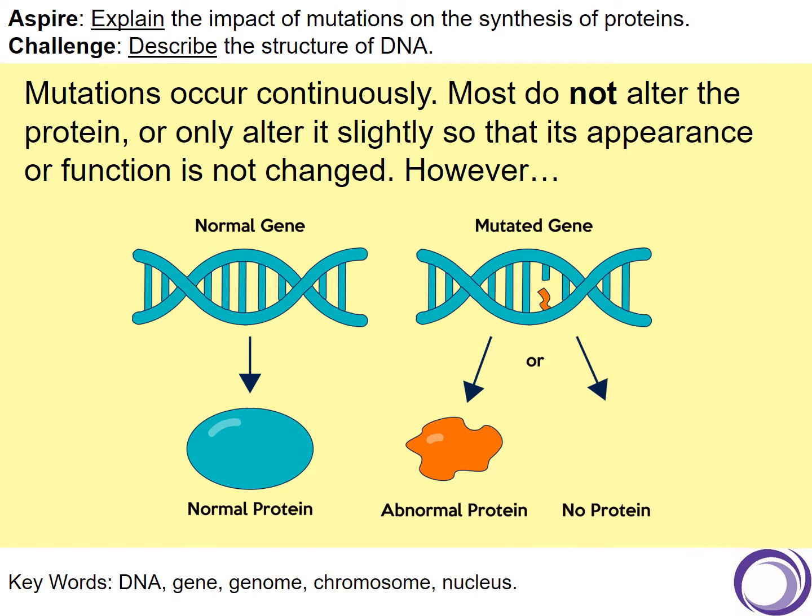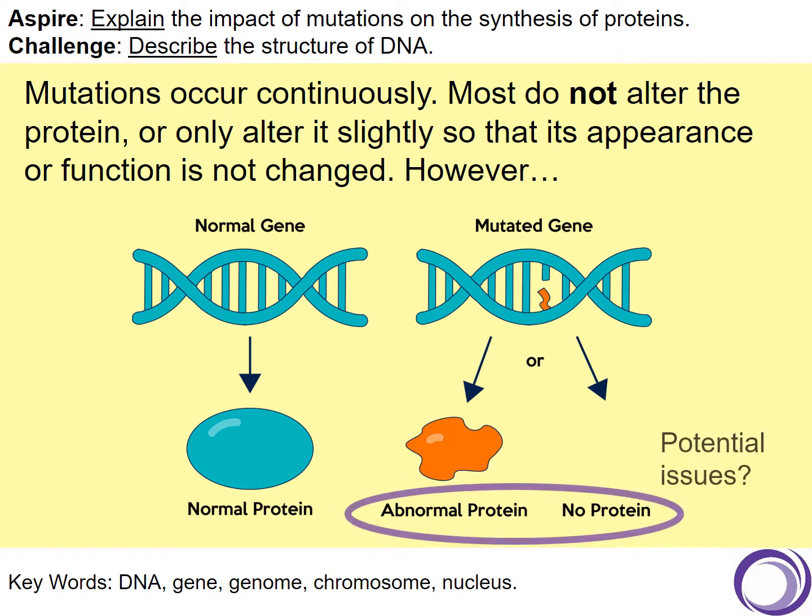So either the new code, the mutated code, doesn't code for anything at all, or it codes for a protein that isn't normal, that has significant differences to the protein that actually should have been made. Now, the issues surrounding mutations can be huge, can be very small. But what can happen is an abnormal protein can lead to a defect or a disorder, or on a bigger scale, a genetic disorder or a genetic disease.